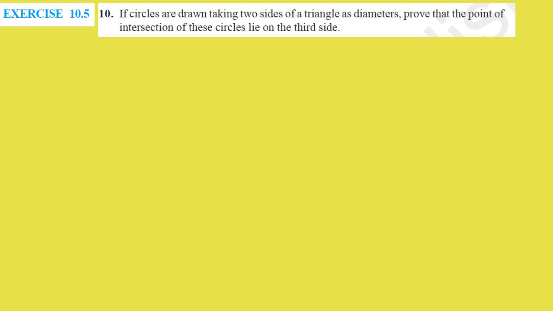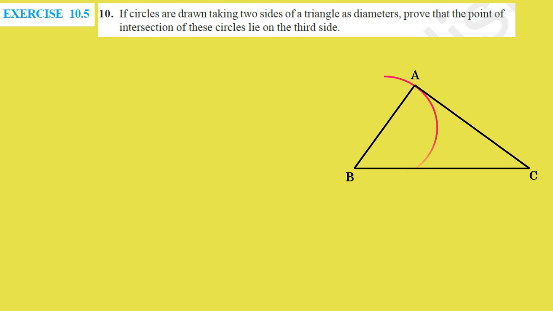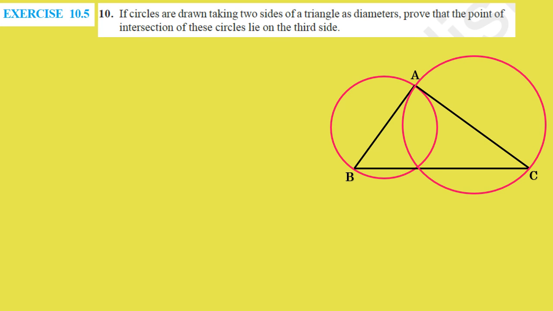So first let us draw a triangle, and let us draw two circles, one with AB as diameter and one with AC as diameter. So two circles drawn. So they are meeting at the point D.